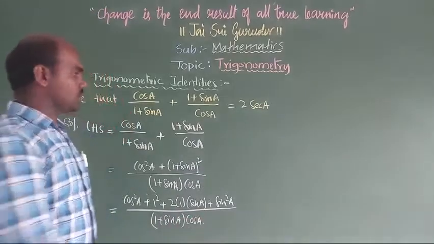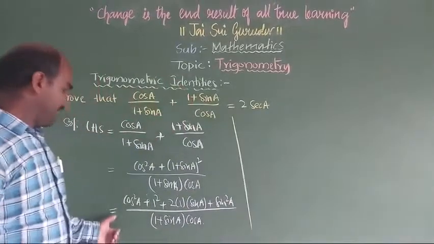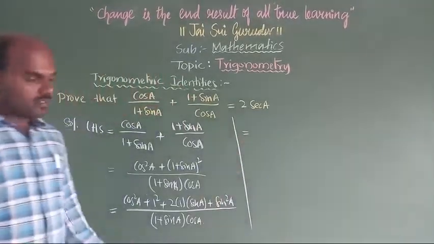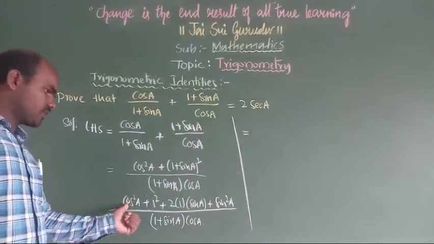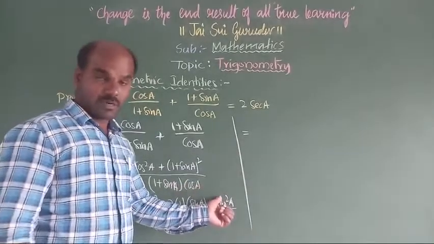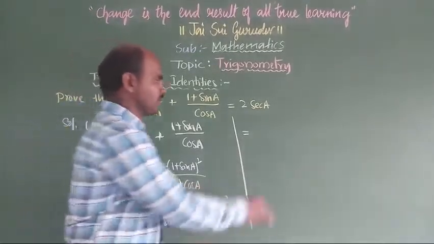Yes or no, children? So then it is equal to, here we have cos square A plus sin square A. According to our first identity, what should this be, children? 1.